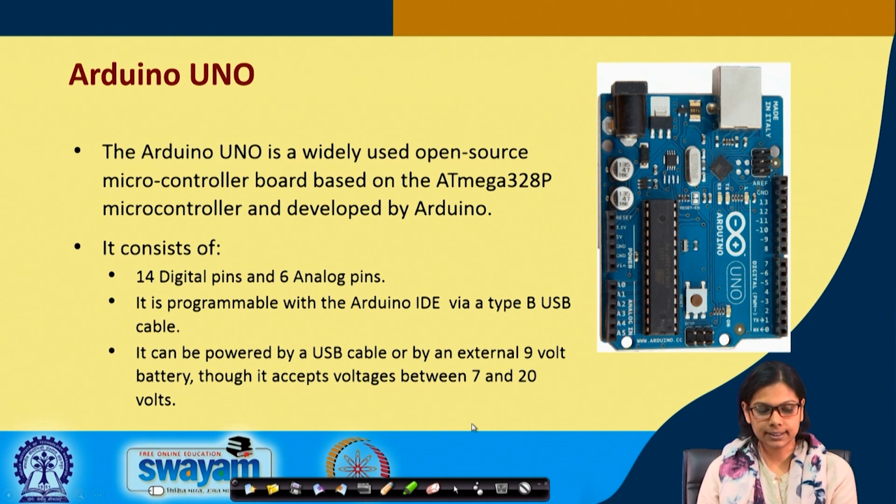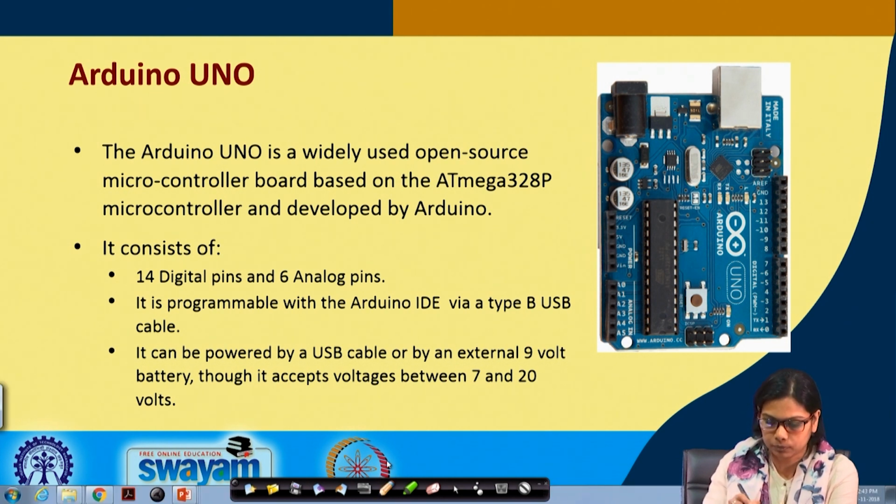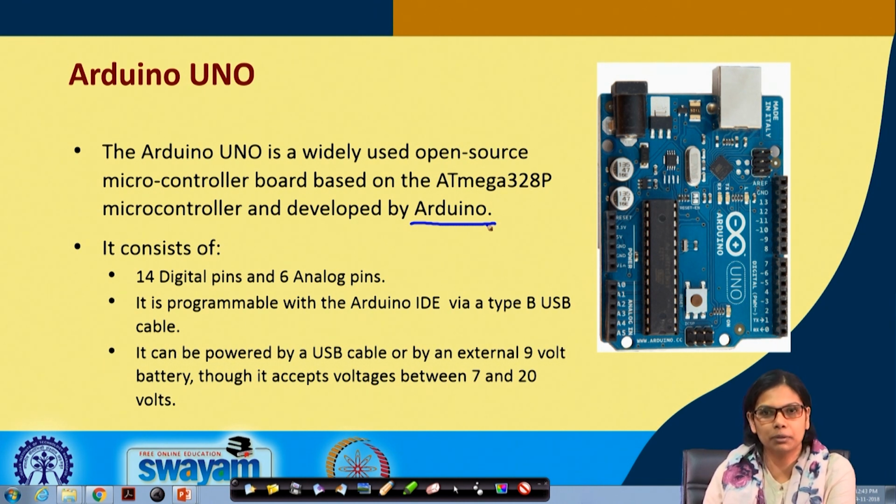So this is Arduino Uno, a widely used open source microcontroller board based on the Atmega 328P microcontroller, developed by the company Arduino. What does it consist of? We have already seen the STM board in the previous lecture and how we can program it. Here, 14 digital input output pins are available.